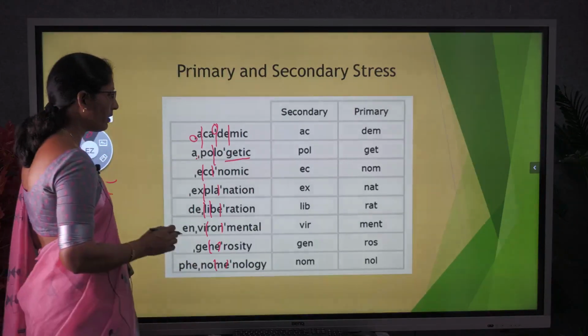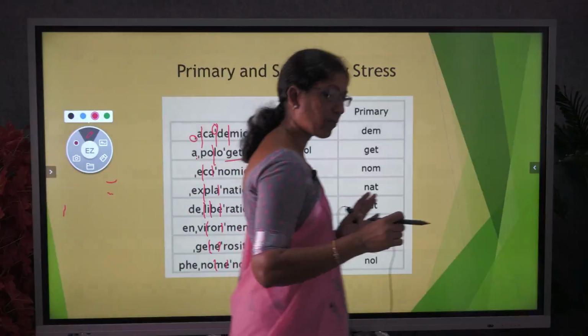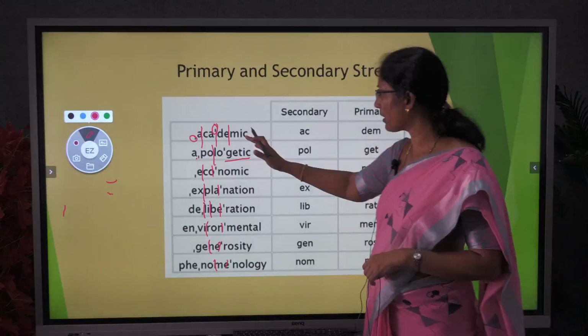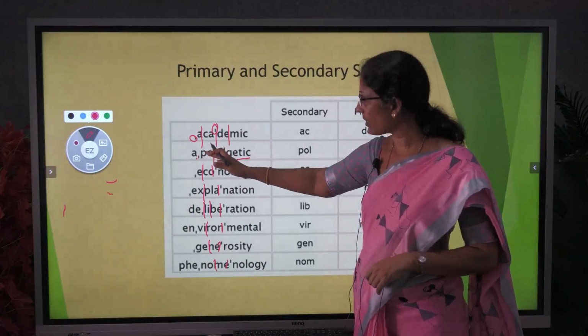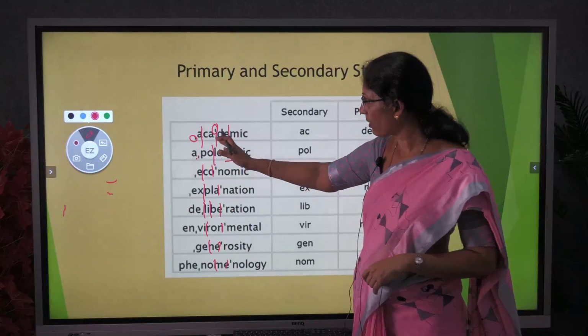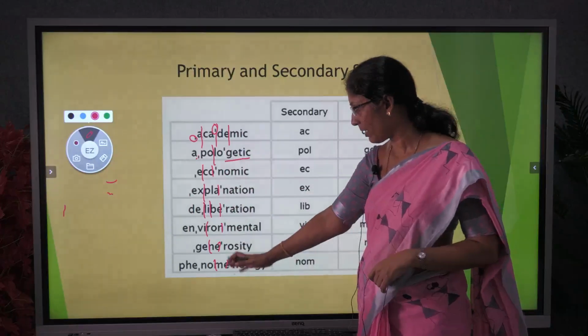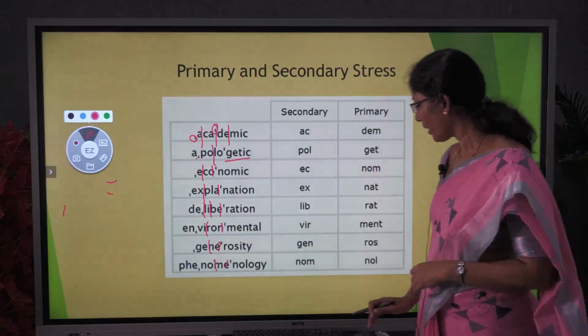If you identify, there is one syllable gap between secondary stress and primary stress. So primary stress always comes on the last syllables, but secondary stress comes in the beginning syllables, either first or second. See this one, either first or second. Okay, so that's the logic that you need to observe.